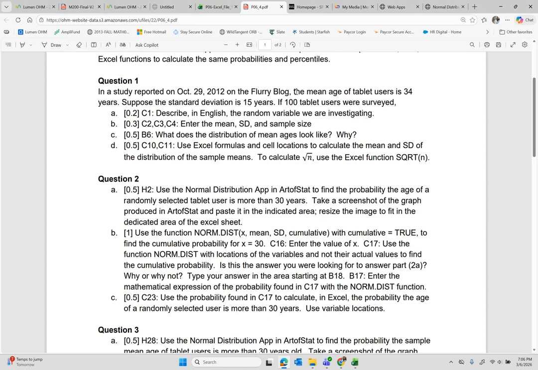We will assume that it does because ages and heights and things that appear naturally in the world usually follow a normal distribution. Ages not so much, especially for tablet users, but for now we will just assume that they are normally distributed.